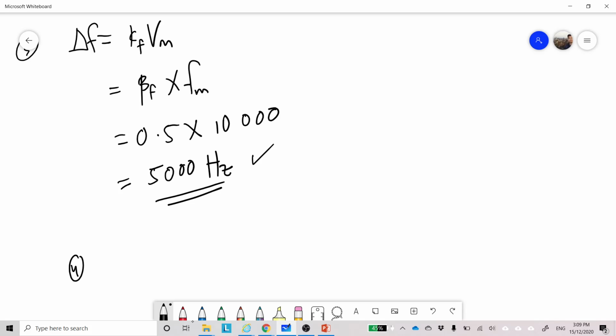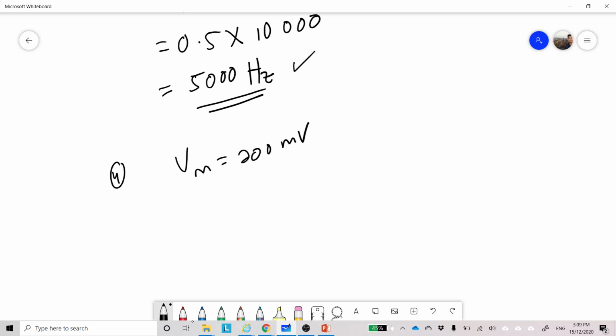So the value 200 millivolt is actually referring to the VM, okay, which is 200 millivolt. The question asks how much is the KF using this given VM parameter.